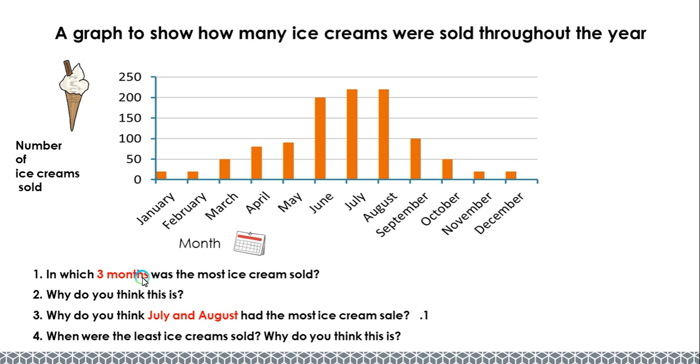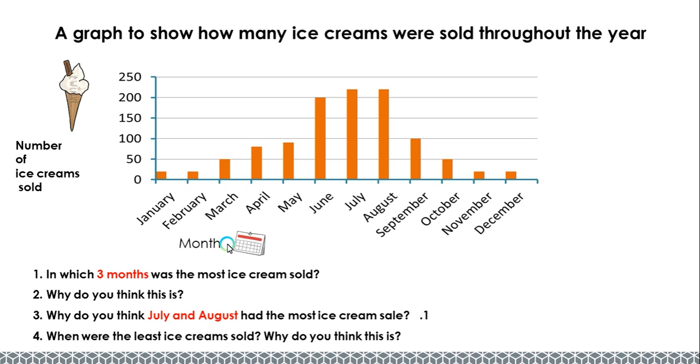So in which 3 months was the most ice cream sold? We have 1, 2, 3: June, July, August. These are the 3 months that the ice cream was sold the most.